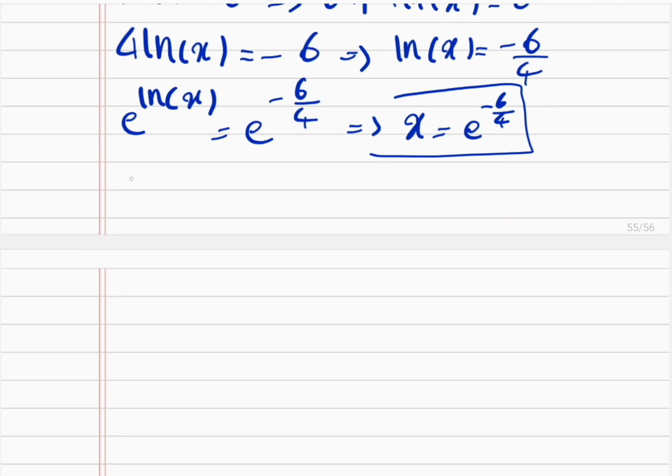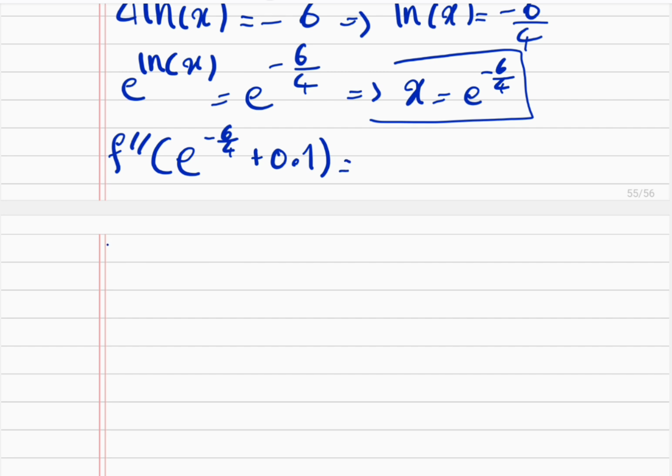So in order to check that, we are simply going to check the value of f double dash x just after the value of x that we found, and also just before that. So what I mean is that we take f double dash x at x equal to e to the minus 6 over 4. When I say just after that, it means adding a tiny amount to that. And when I say just before that, it means subtracting a tiny amount from that.